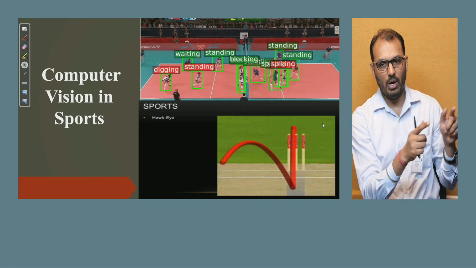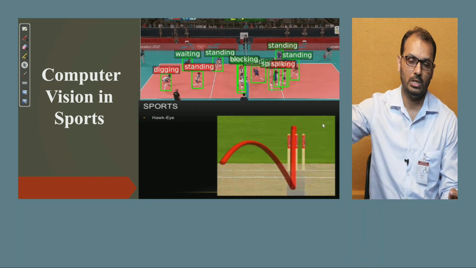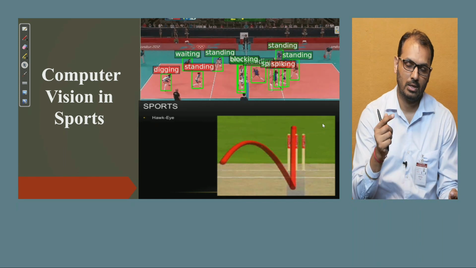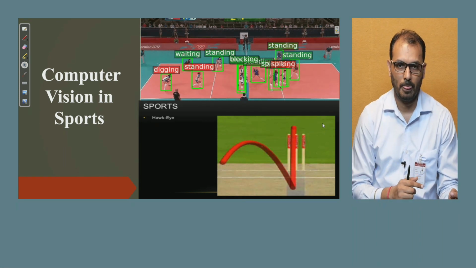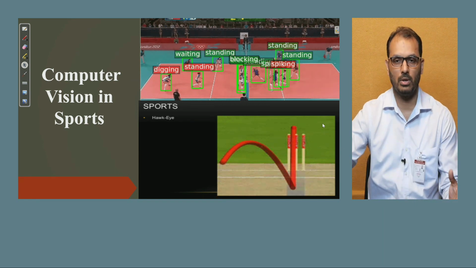Even so, the referee makes this symbol, and again the third person sitting in the control room checks whether that decision was correct or not. So in sports also, computer vision is playing an excellent role.